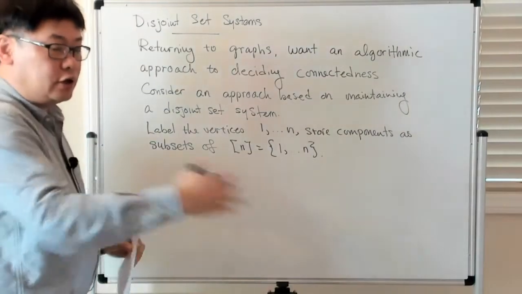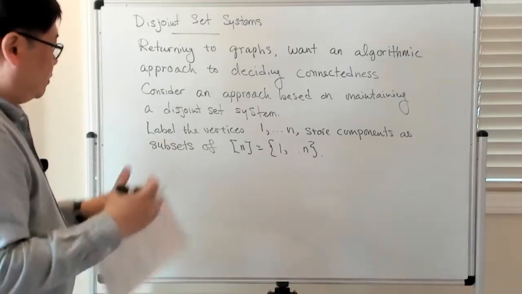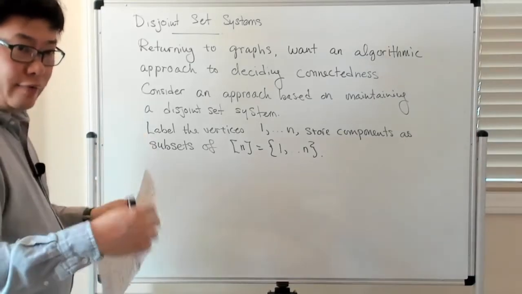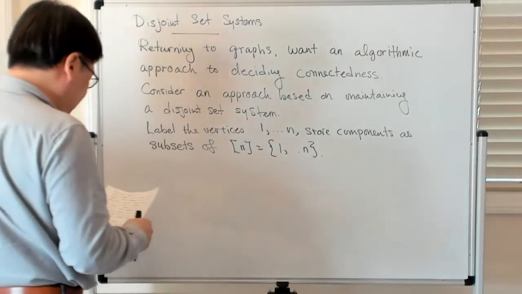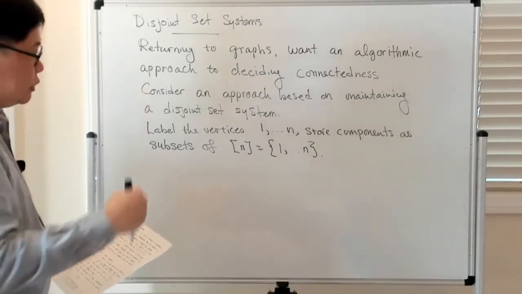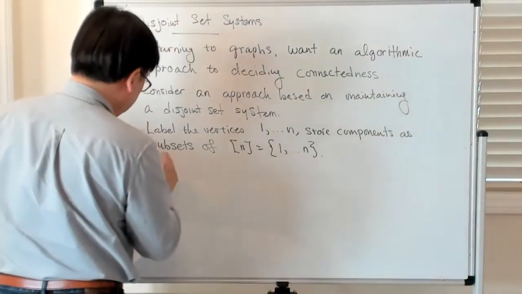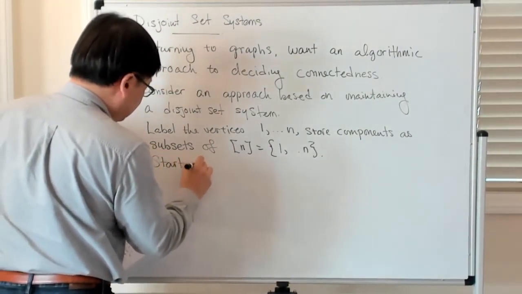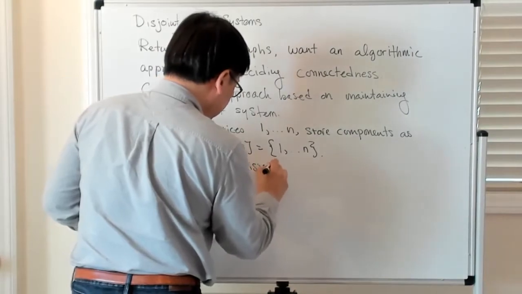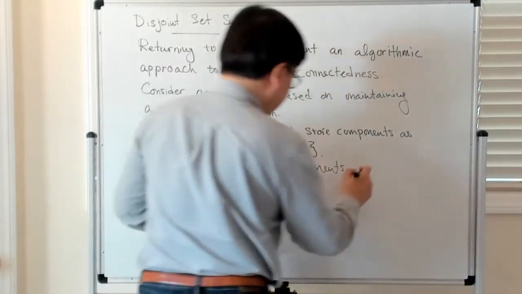And then once, of course, you've gone through the entire edge set, if the set of connected components only has one element, then you know that the graph actually is connected. Otherwise, of course, it's disconnected. And of course, the remaining connected components from this set would give you a separation of the graph as well. Okay, so you start with n disjoint components, one for each vertex.